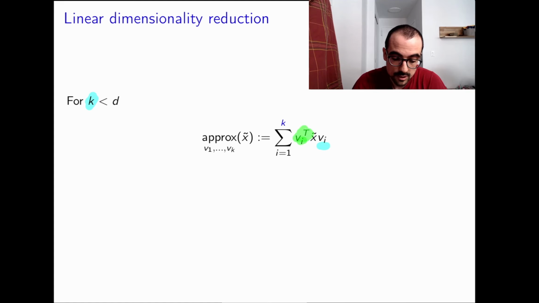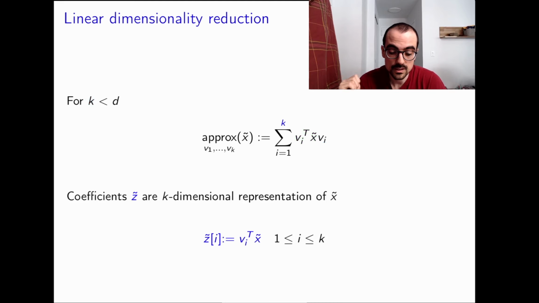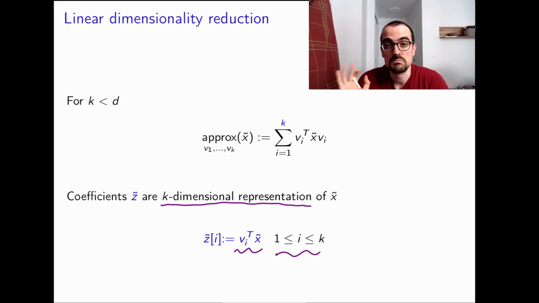We still have a d-dimensional object, but now what we can do is use these coefficients, and there's only k of them, to represent the vector. So now we have a k-dimensional representation where we take inner products with k orthonormal vectors, and this is the new representation of my data points, or of the random vector.